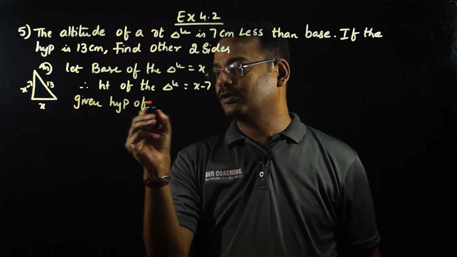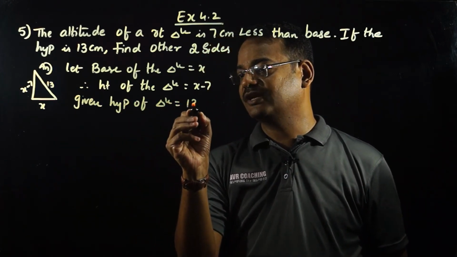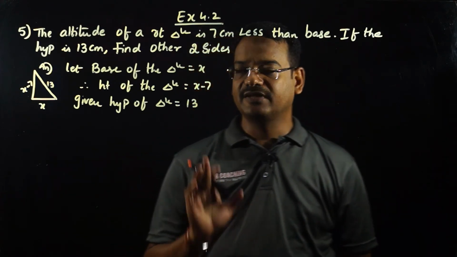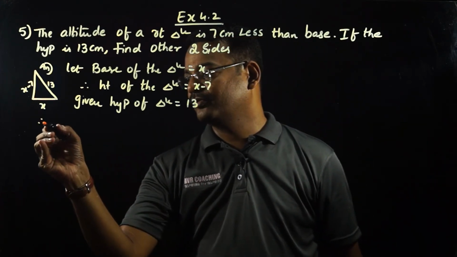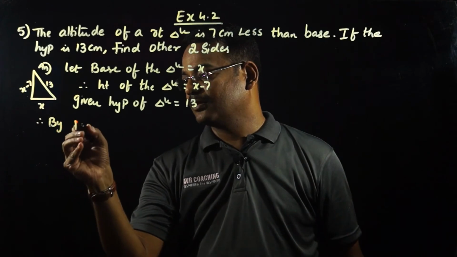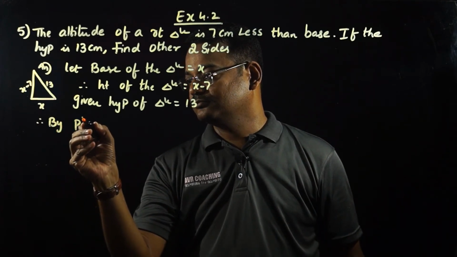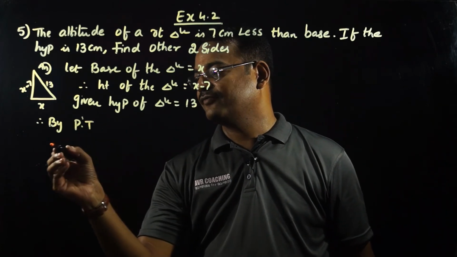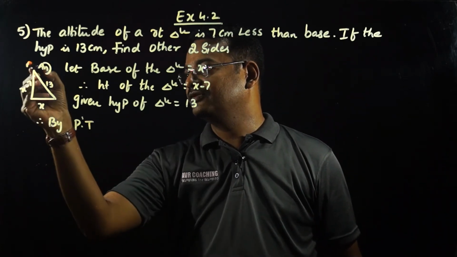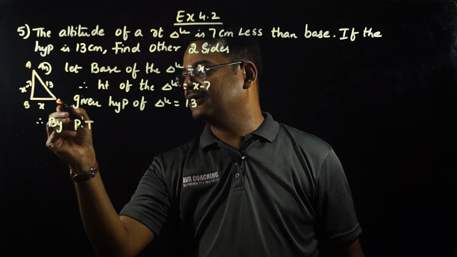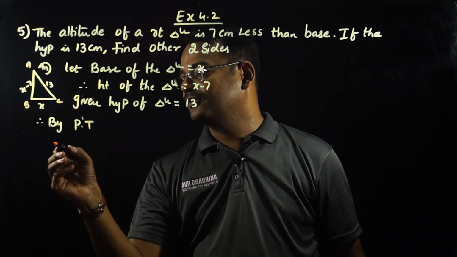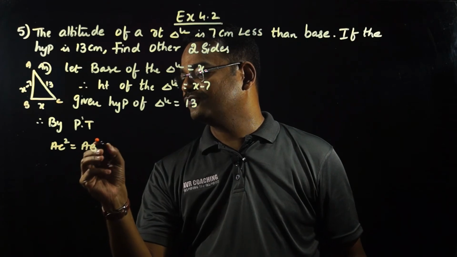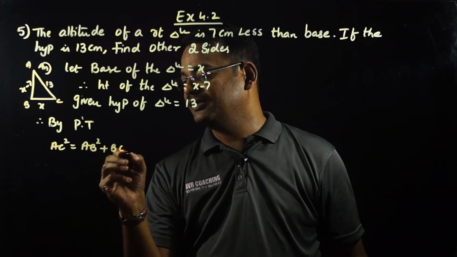The hypotenuse of the triangle is equal to 13, and for a right angle triangle the only formula we have is the Pythagoras theorem. Therefore by Pythagoras theorem, if this is A, B and C, we have AC square is equal to AB square plus BC square.